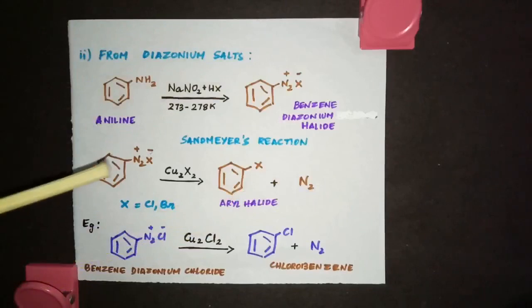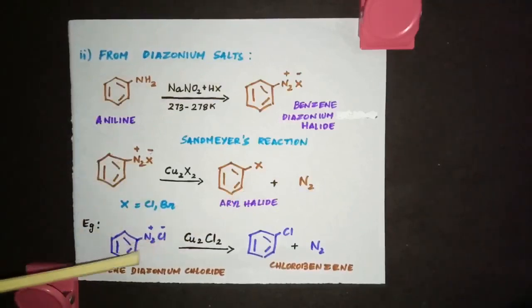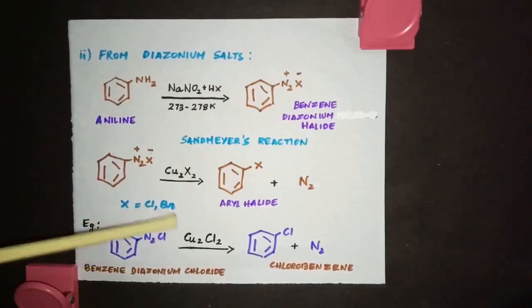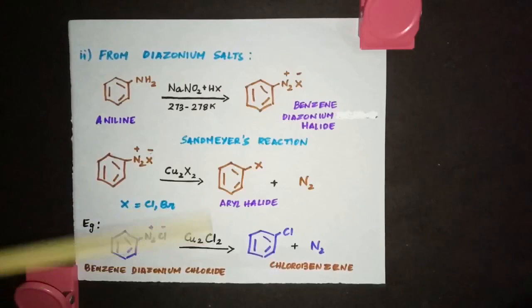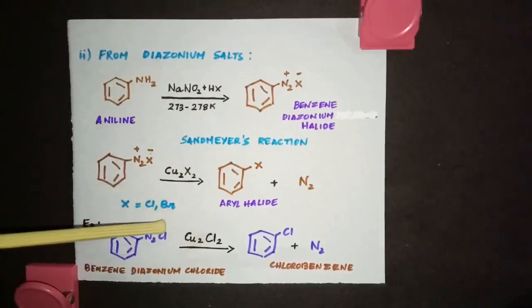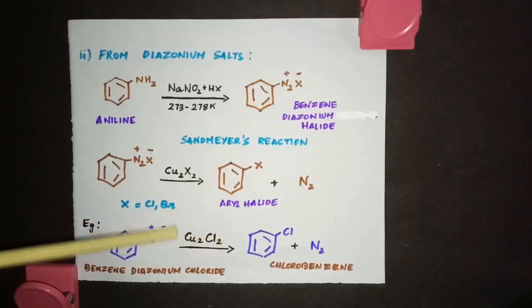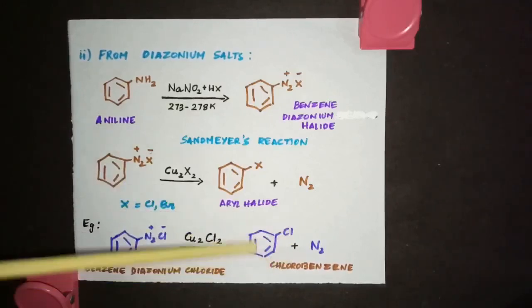So now let's see this with an example. See, instead of X, we are taking Cl. So I can name this as benzene diazonium chloride. And I'm treating it with Cu2Cl2. See, remember, if I'm taking benzene diazonium chloride, here also you take Cl. If you're taking Br, you take Cu2Br2 here. So now you are getting chlorobenzene.